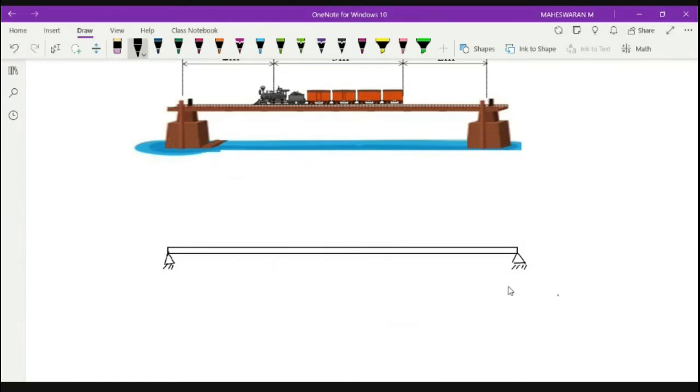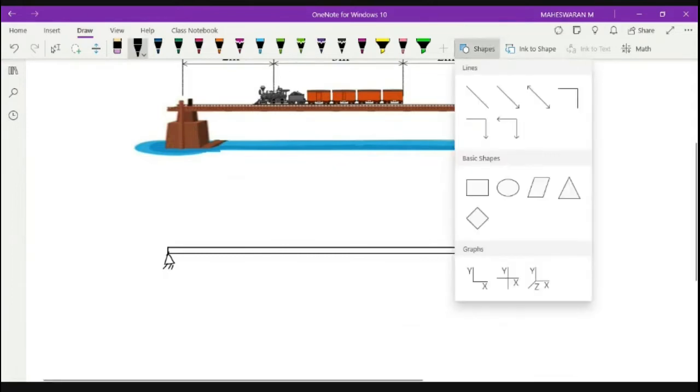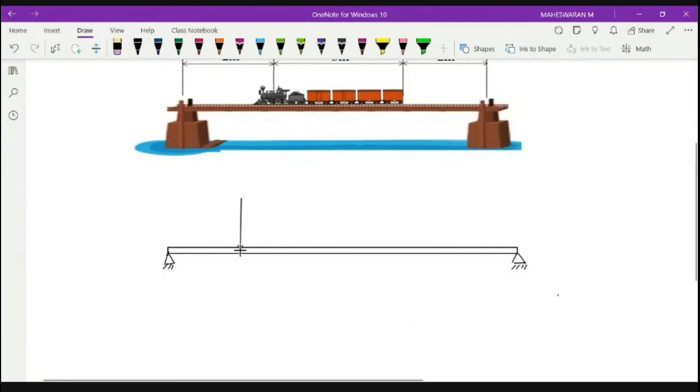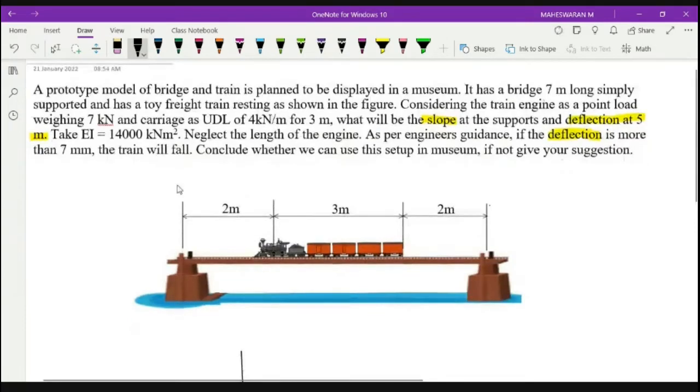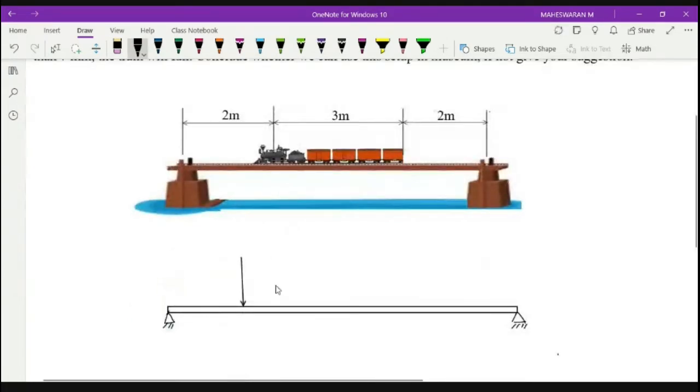Now it has a point load here. Let me identify the point load. This is my point load. What is the value of the point load? 7 kilonewton.